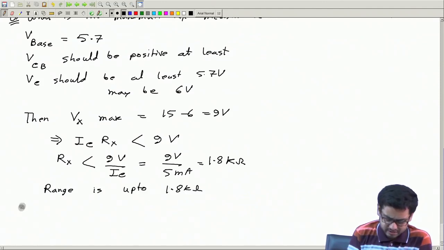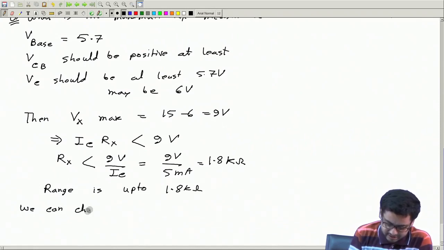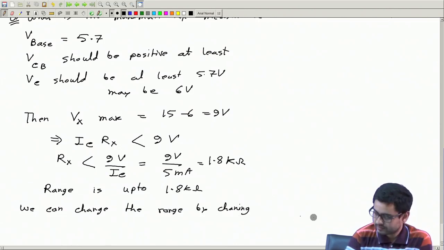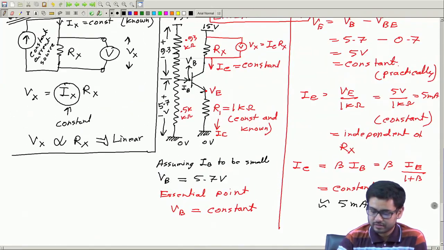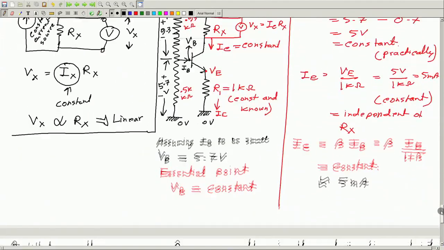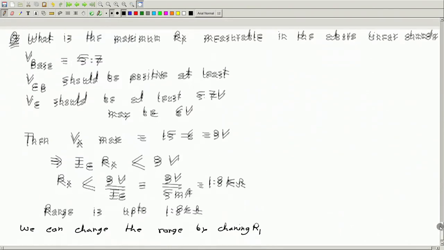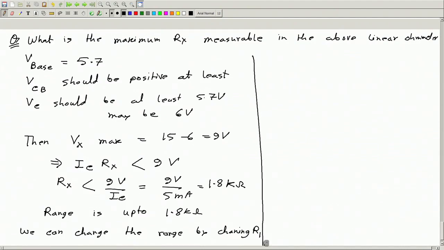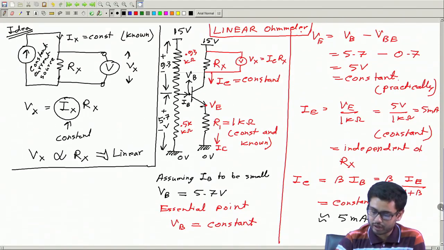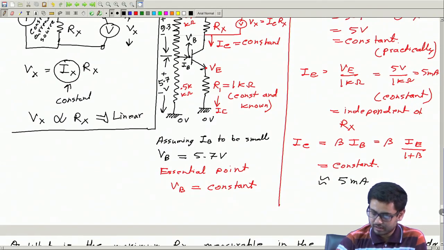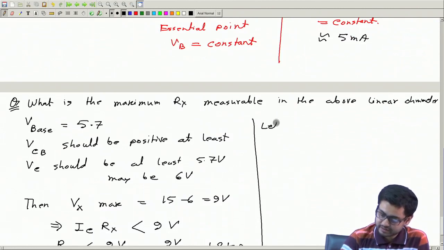You can change the range by changing this resistance R1. How? Previously R1 was 1 kilo ohm, now let me take R1 equal to 2 kilo ohm.